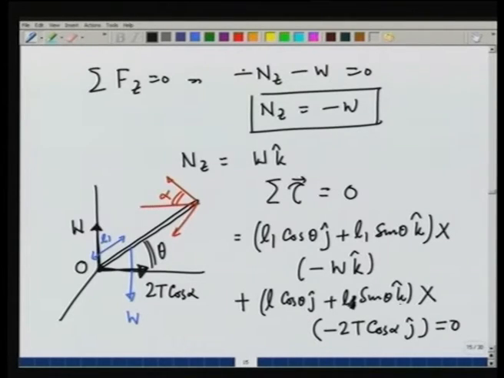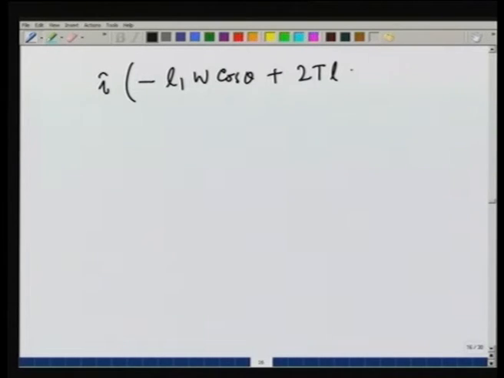The second term, again j cross j is 0, so k cross j is minus i. So, it gives me plus 2T L cosine alpha sin theta.